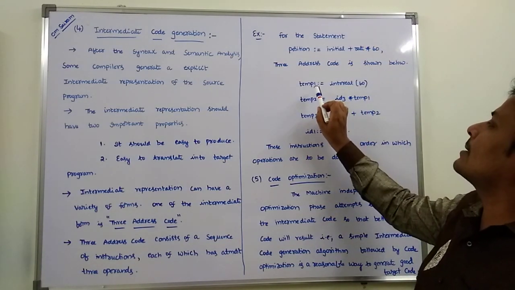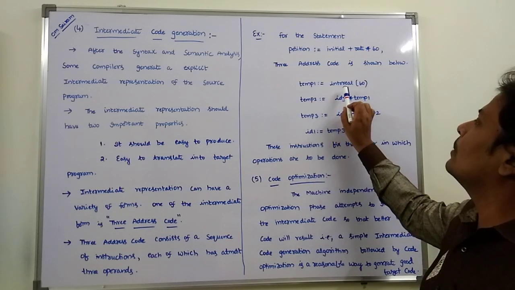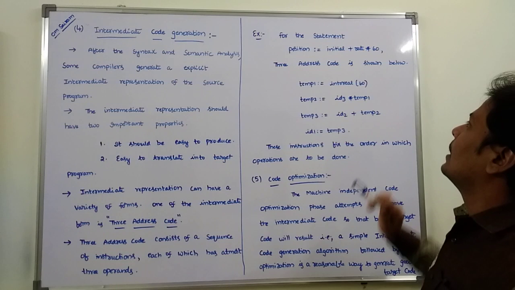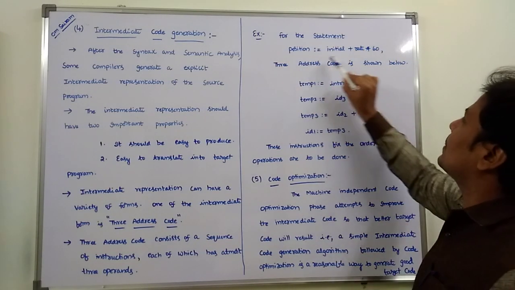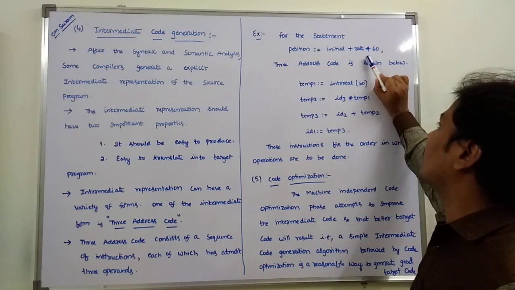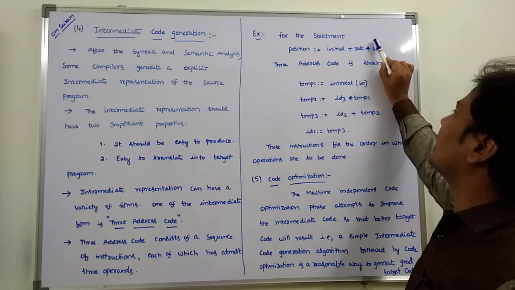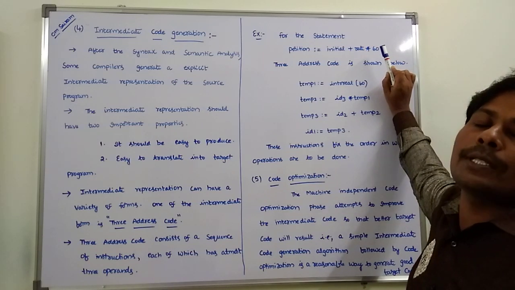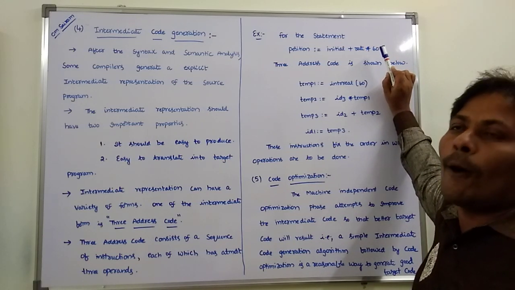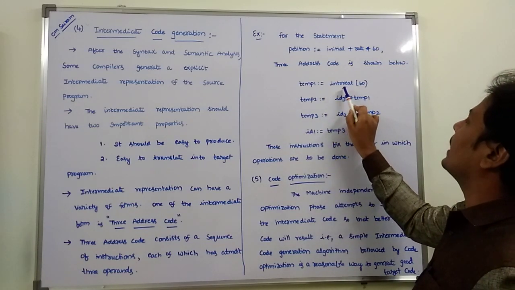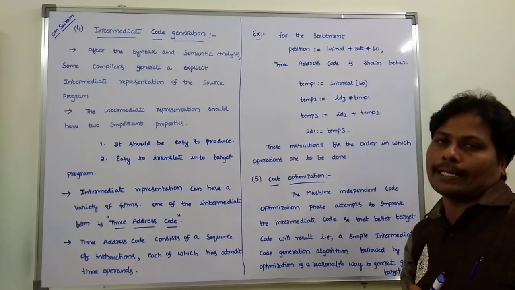First one is temp1 is equal to int to real of 60. Here the highest priority is given to the into operator, so first we convert the integer 60 into real by using the int to real operator.